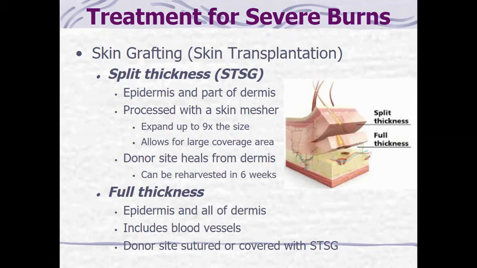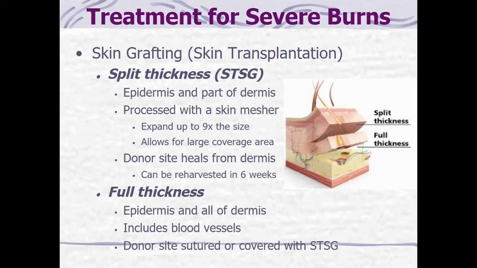And that can take a small amount of epidermis and dermis and we can expand it to 9 times the size. So we can take a small sample and expand it to be able to cover a larger surface. The donor site heals from the dermis, and then it could be reharvested in 6 weeks. So we can reharvest the same area after it's been healed.